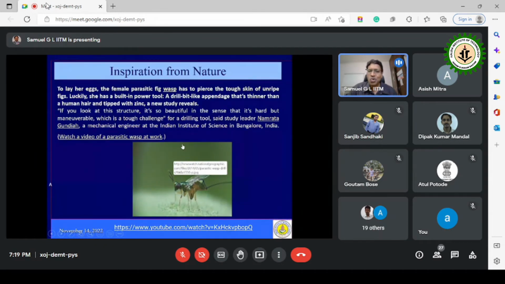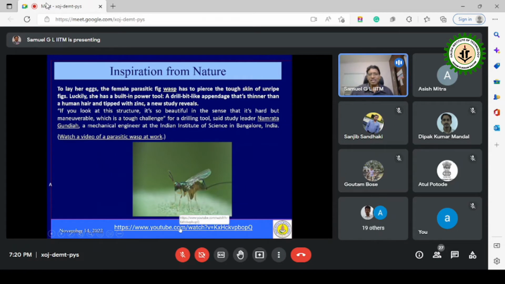And something more interesting: when you look at these micro machining technologies or nano, you know what the inspiration is? It is actually nature. When you look at this insect, which is a small wasp, this is the picture. If you go to YouTube, there's a link, but I'm not going to show the video.